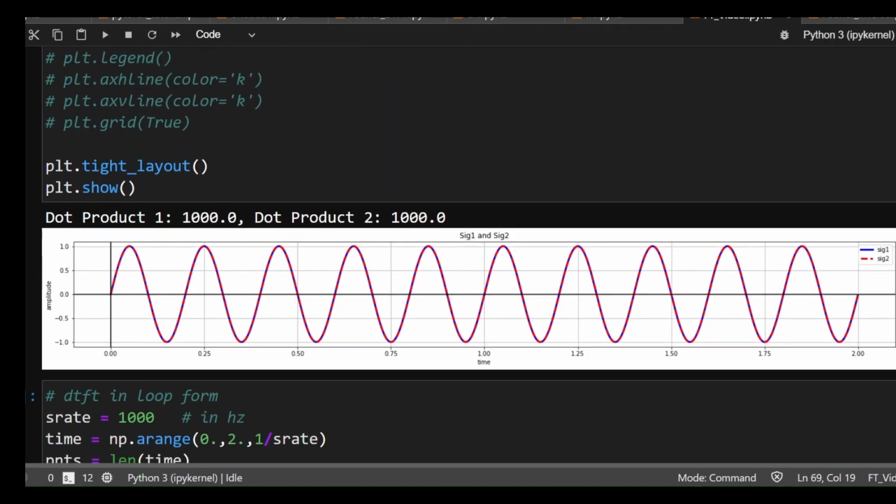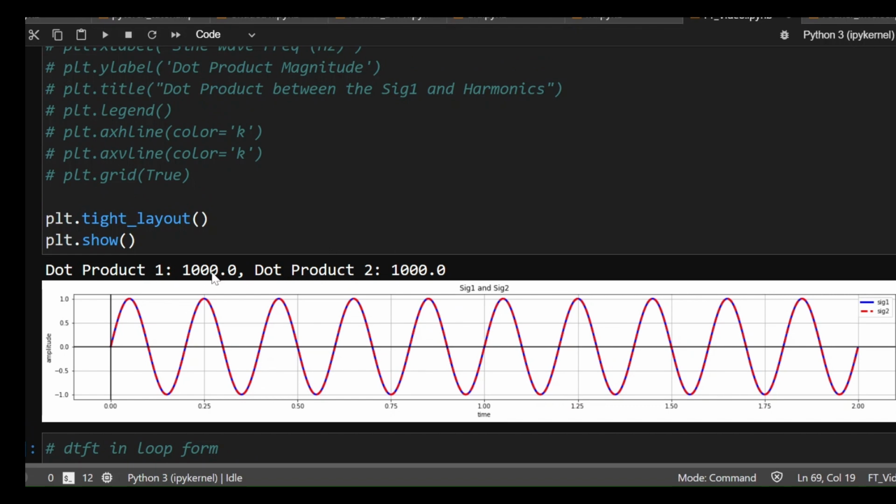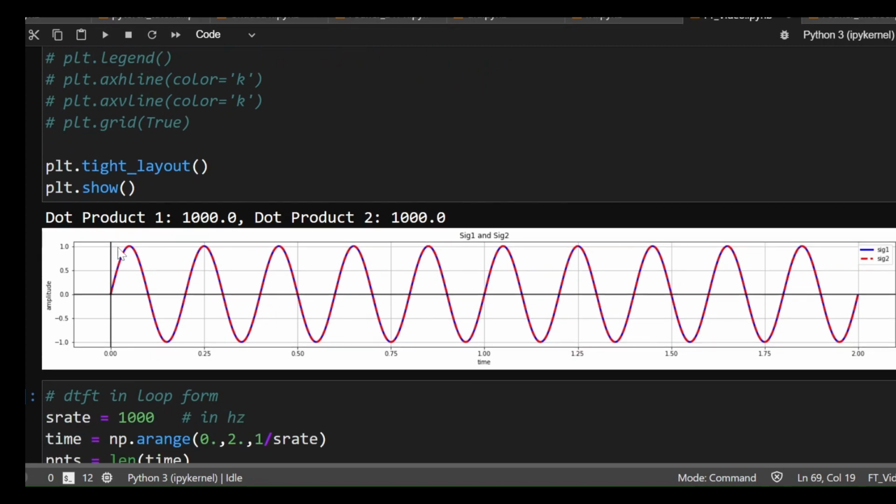Firstly, we see that the dot product is a very large positive number by both methods, by the multiply and sum method, and by directly using the dot product function in Python. And the second is that since both the signals have the same frequency, phase, amplitude, etc., they are just overlapping. One signal is the solid blue line, which is the original signal 1, and the dashed red line is signal 2, and they are overlapping with each other.